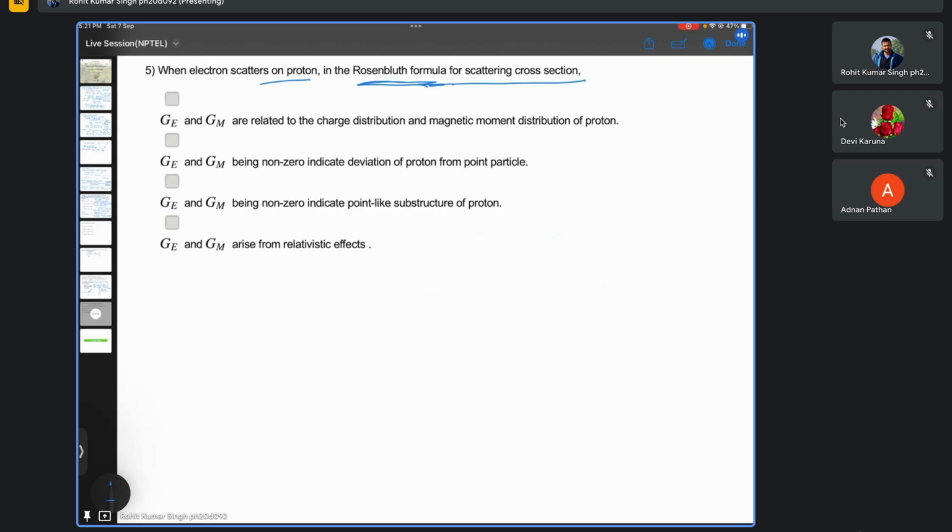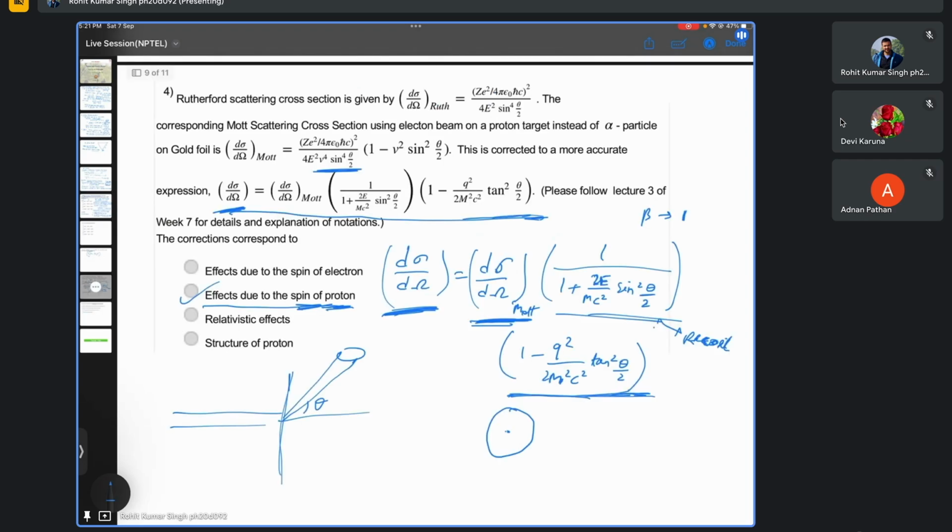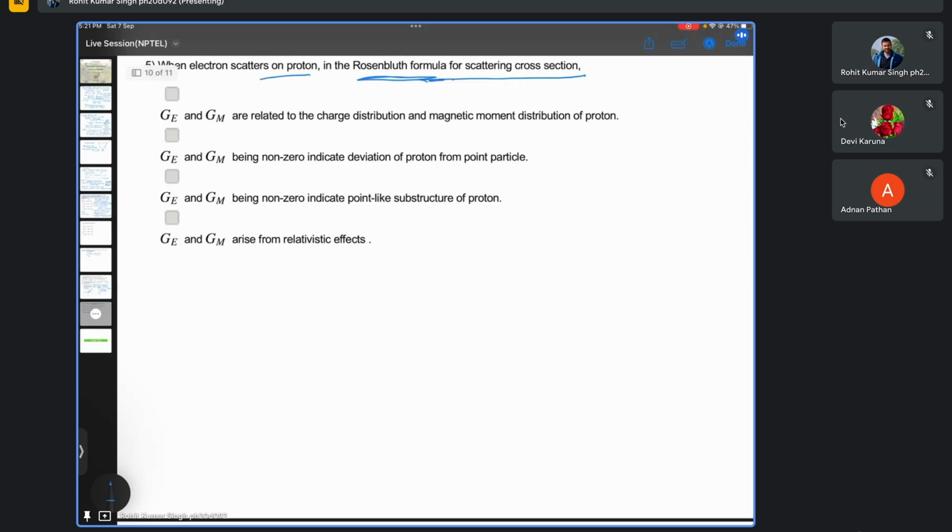The Rutherford scattering formula assumes the nucleus to be a point-like object, and the Rosenbluth formula considers the nucleus as an extended object having a charge distribution.